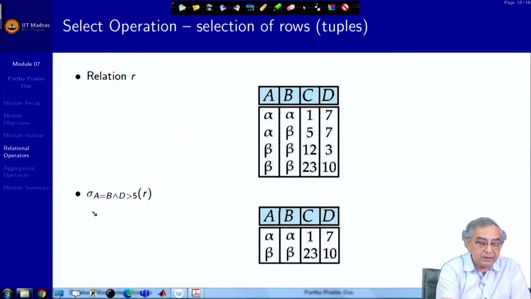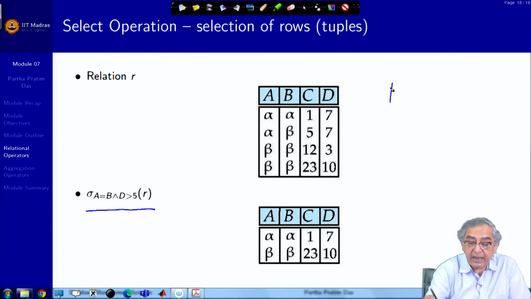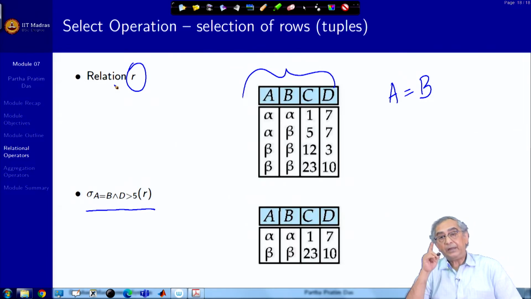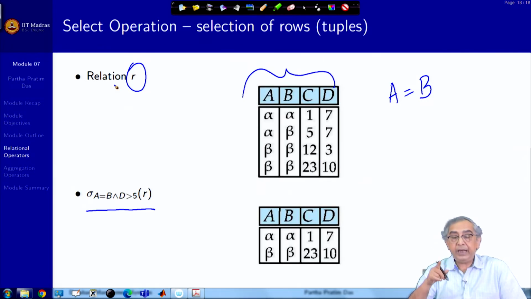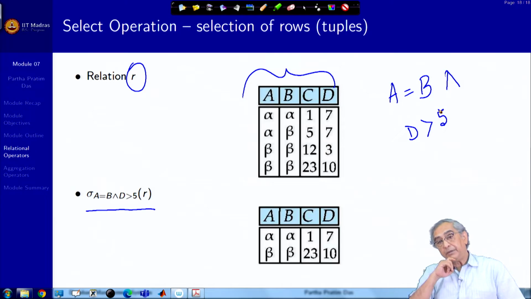So, what does it say? It says A equal to B, and this is the original relation R. I will take only those tuples where A is equal to B, that is the first part of the condition, and then say and D greater than 5. Even within that, I will take only those where D is greater than 5.